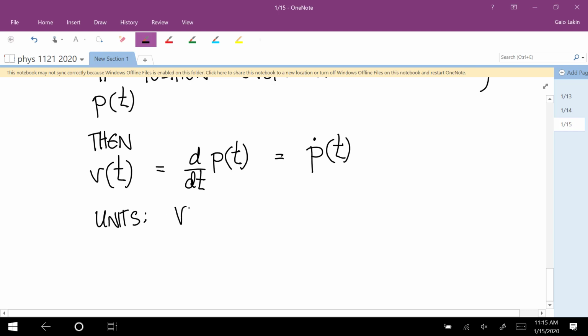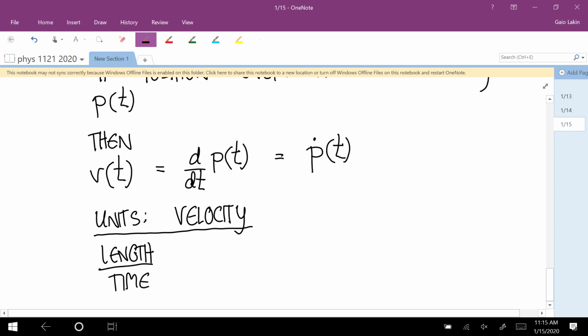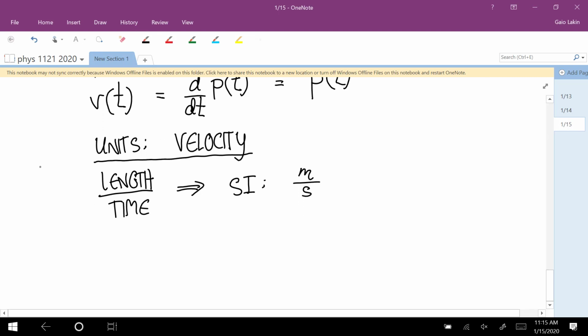The units of velocity are length over time. And so that means that in SI units, it's meters per second. Okay, like miles per hour is what we're most used to thinking of, but in SI units, meters per second.